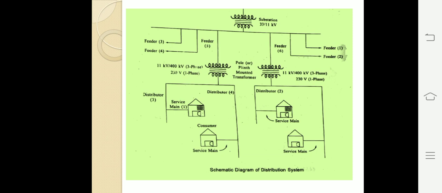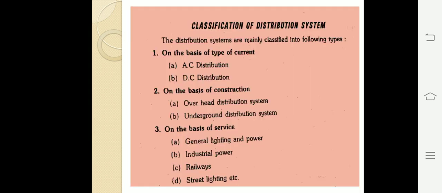Check out the figure: the feeder is there, the distributor is there, and the service main is there. The service main connects the consumer and the distributor, and the feeder runs from the substation to where we need to serve. This is the diagram. Now coming to the next one, classification of the distribution system.